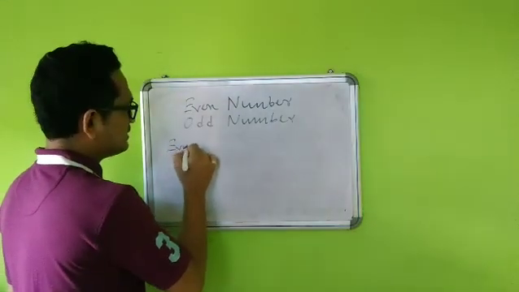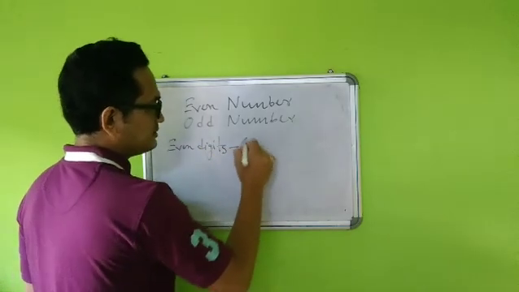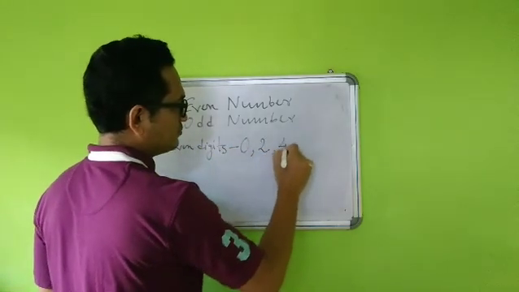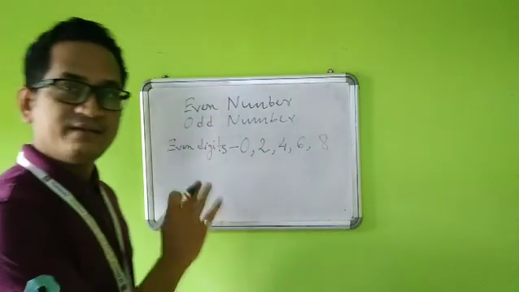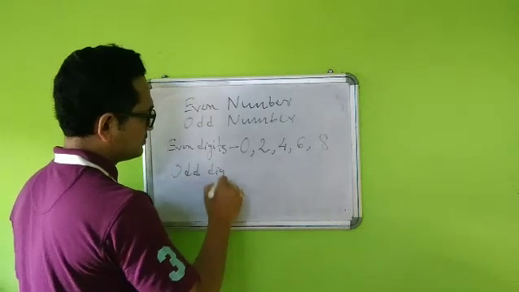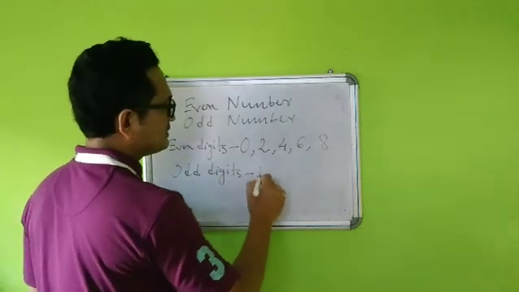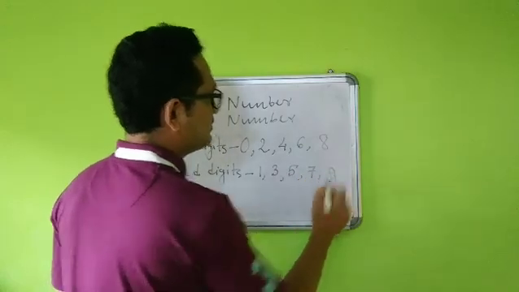Even digits are 0, 2, 4, 6 and 8. These are even digits. And what are odd digits? Odd digits are 1, 3, 5, 7, 9.